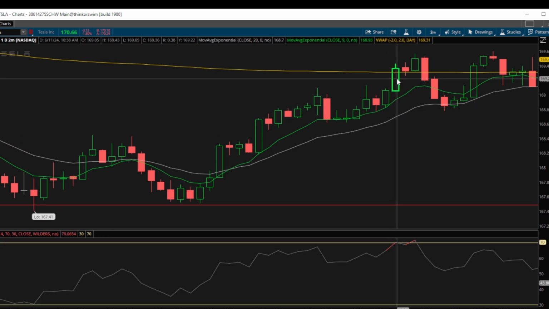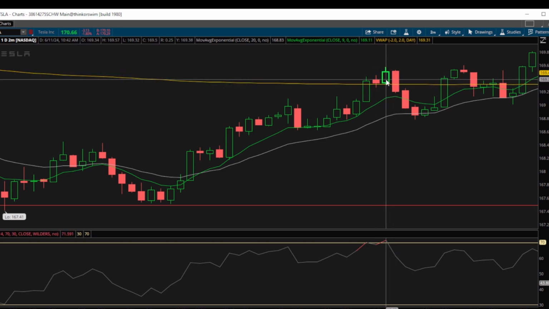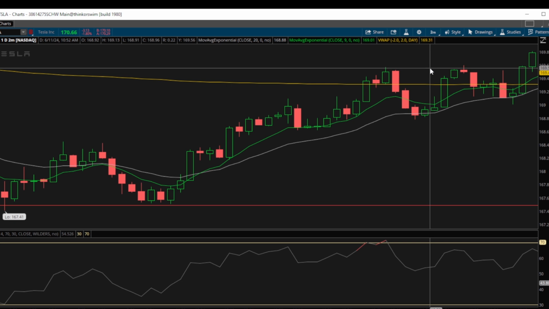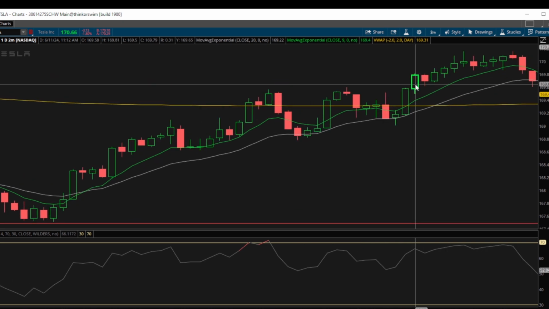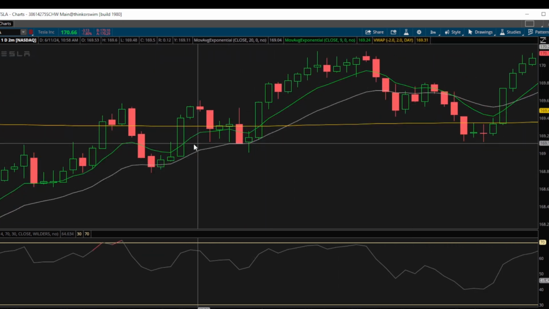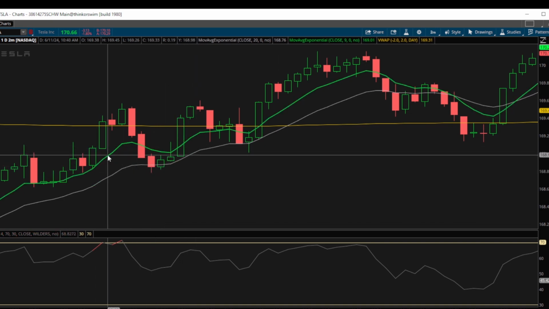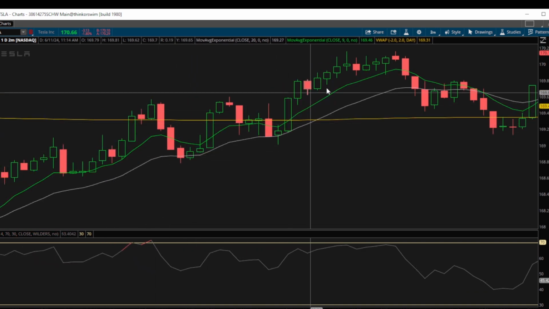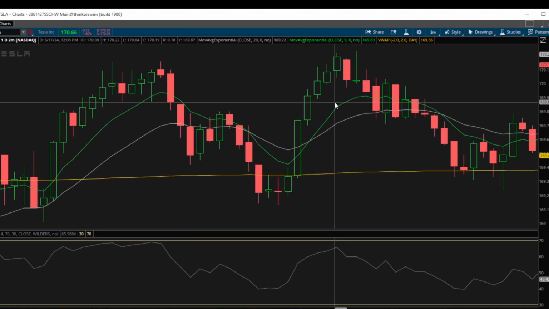Sure enough, because we're getting close to that VWAP, it's showing you it's going to have to break through and finish above the VWAP to be a real mover to the bull side. And it sure enough did, didn't it? Boom. And then green crosses white, the 8 crosses the 20, another signal that it's going in the up direction.